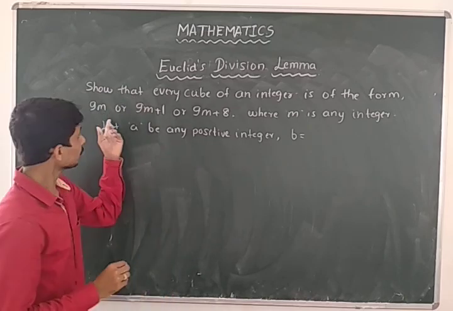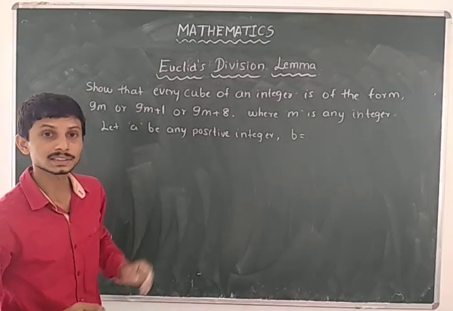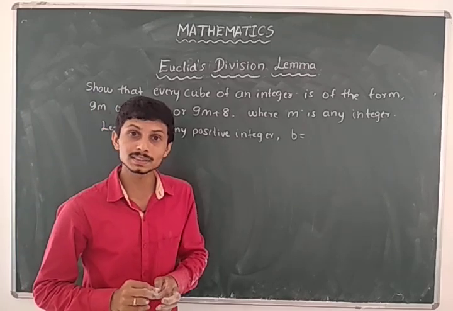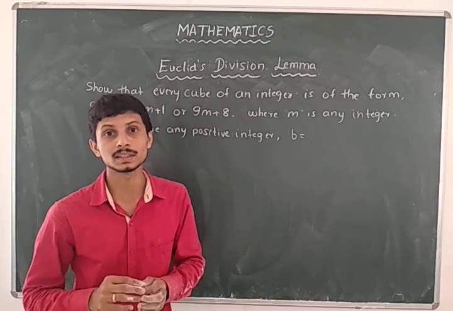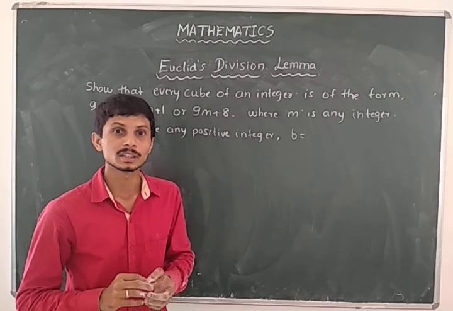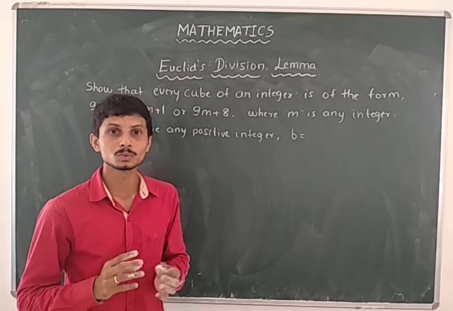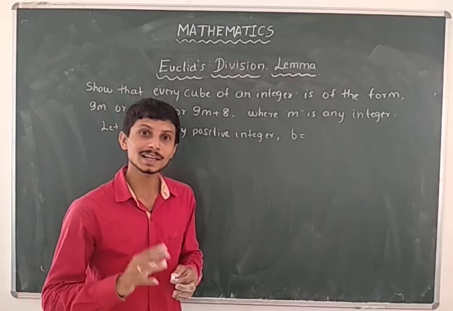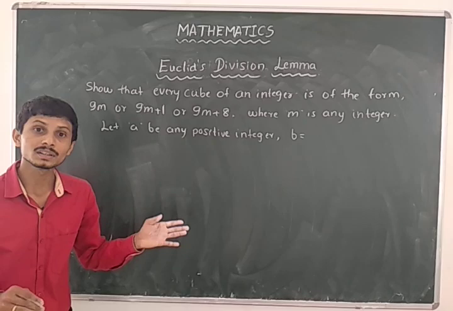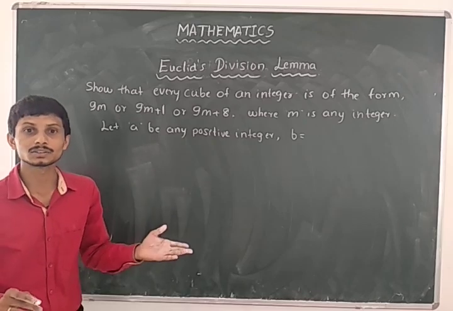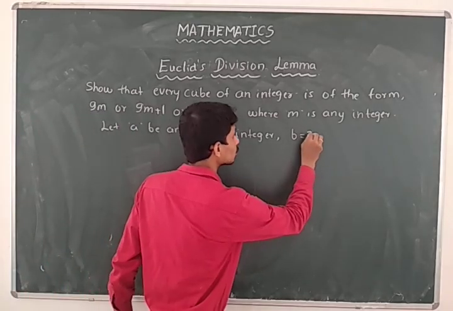So here 9m is there, 9m plus 1 is there, 9m plus 8 is there. When we take b is equal to 9, we have to check 9 possibilities, so it is very difficult to solve. But we can take b is equal to 3, because 9 is also divisible by 3. So we can take b is equal to 3.